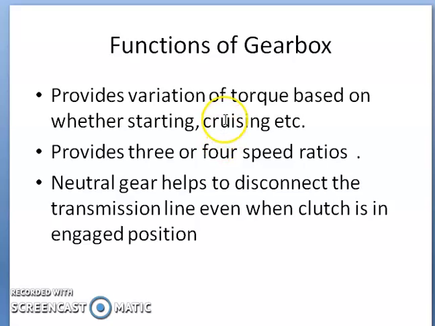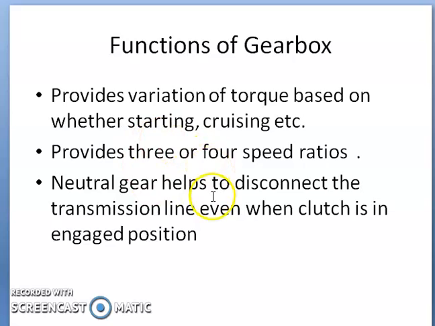In addition to giving variation in torque, it also provides variation in speeds. Naturally, gearboxes are capable of providing 3 or 4 speed ratios. Nowadays, we have 5 speed ratios too. And you also have a neutral gear, which helps to disconnect the transmission line even when the clutch is in the engaged position, such as when we wait at the signals.